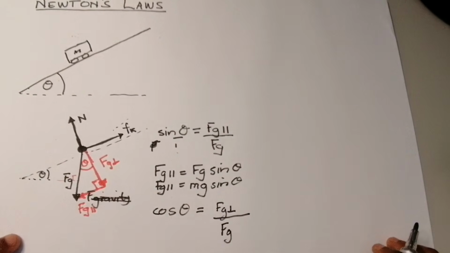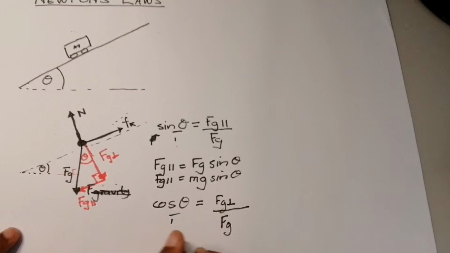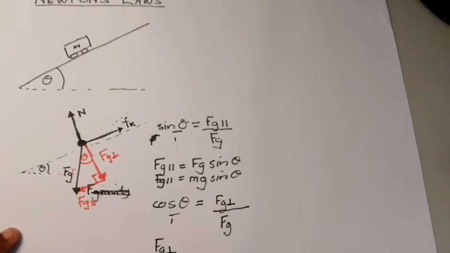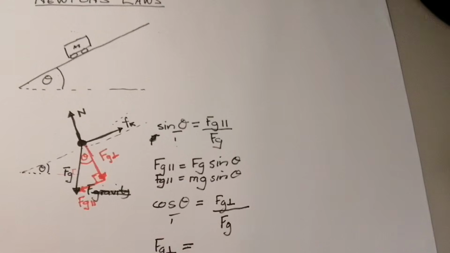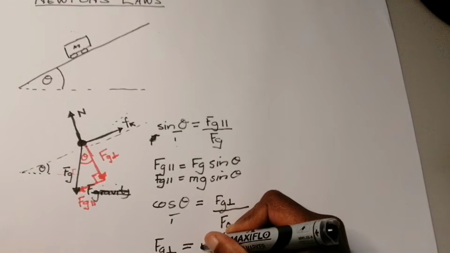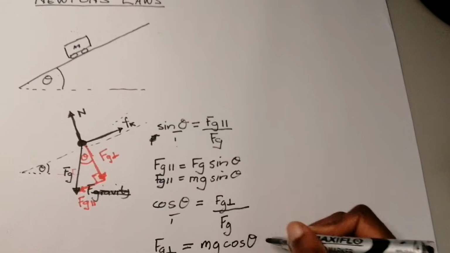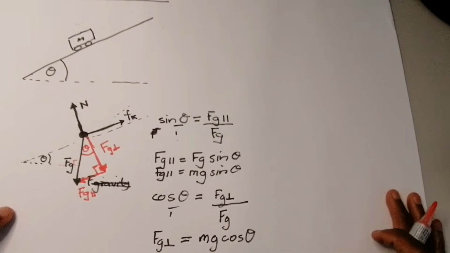Now finally, we are simply going to do what we did previously, cross multiply, so FG perpendicular times 1, and that's going to be cos times FG. I'm just going to resolve it, remember, so this is going to be mg, the cos of theta.